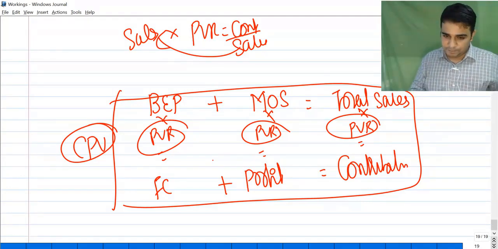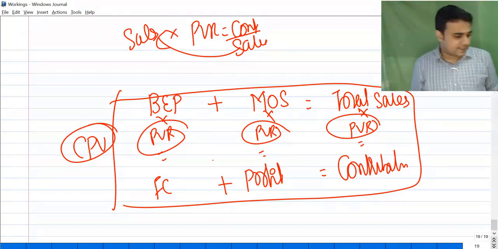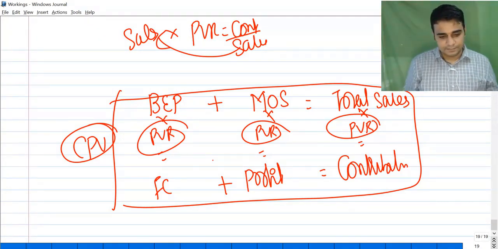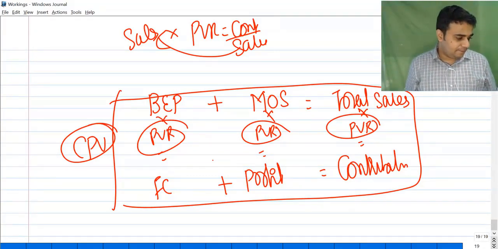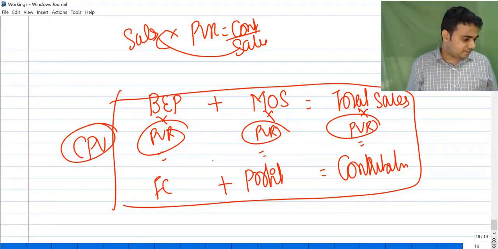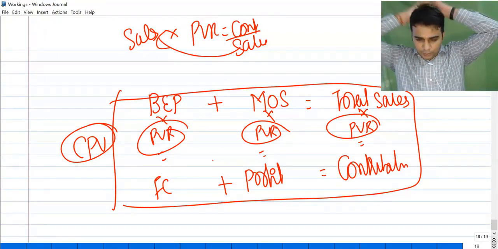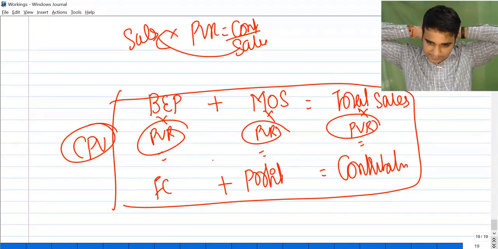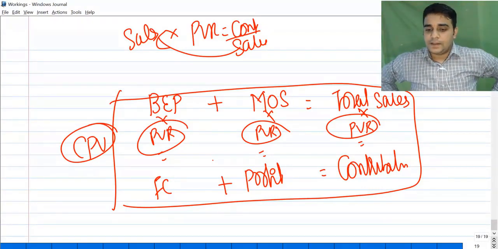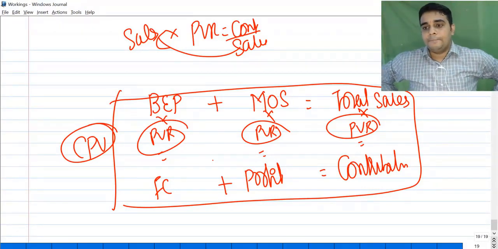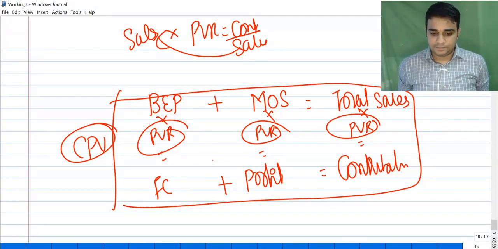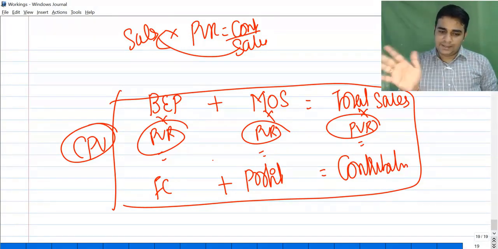Write this equation. BEP plus MOS is equal to total sales. This contribution per unit you will write it later.